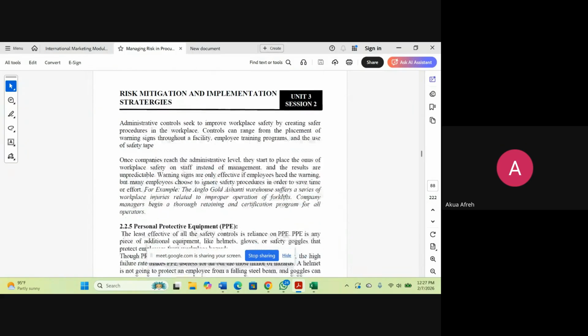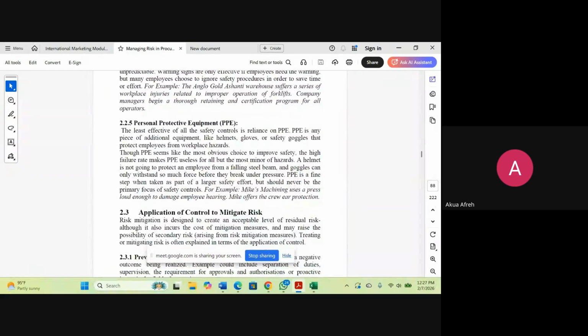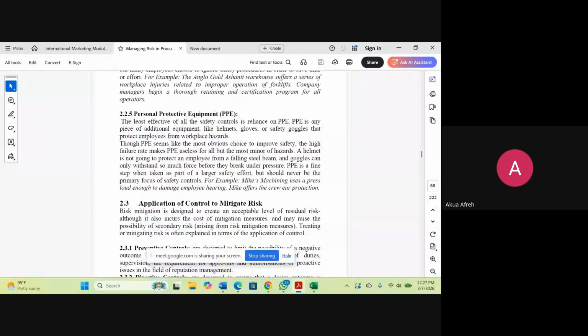Then the last one is the PPEs, the personal protective equipment. It is a hierarchy control that we use to reduce or eliminate risk. This is the least effective.